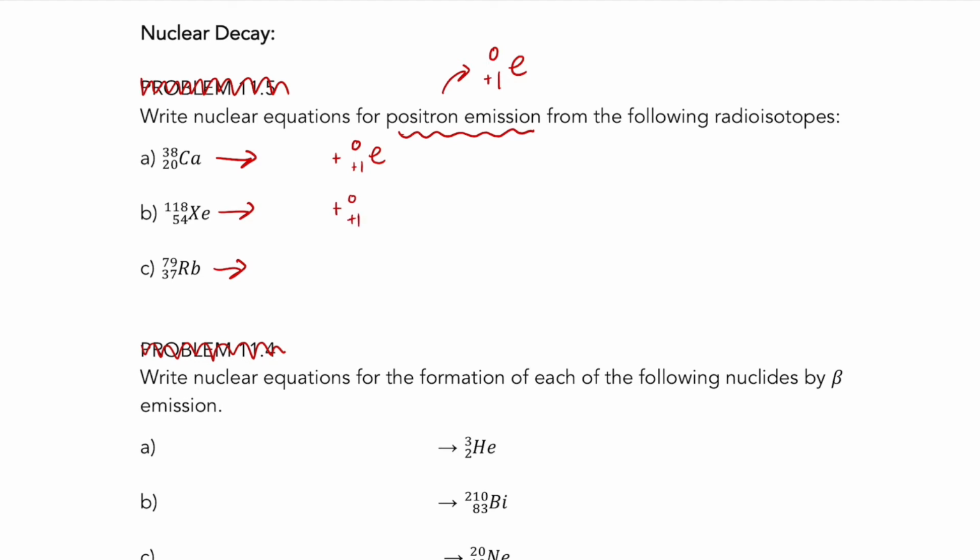It's the particle that's being emitted in each case. I need to go to the periodic table and, knowing what I know about balancing, figure out what other particle is formed. So I've got calcium, and because the mass number on this positron is 0, the mass numbers aren't going to change.